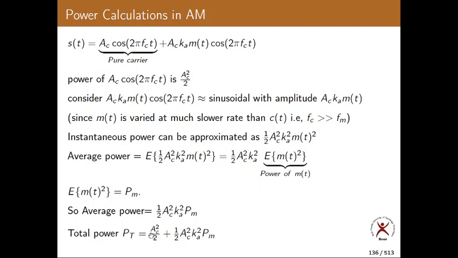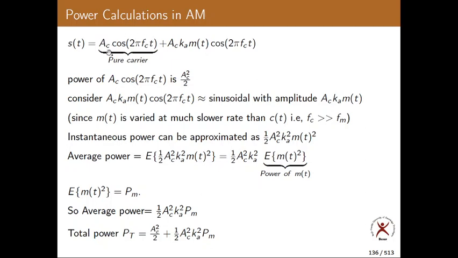Let me repeat. If you look at this term carefully, in the last class we saw that if you take the Fourier transform of this term, you get Ac/2 [δ(f+fc) + δ(f−fc)], and for this term you get Ac Ka/2 [M(f−fc) + M(f+fc)]. These terms correspond to two sidebands, upper sideband and lower sideband, whereas this corresponds to a carrier component at fc.